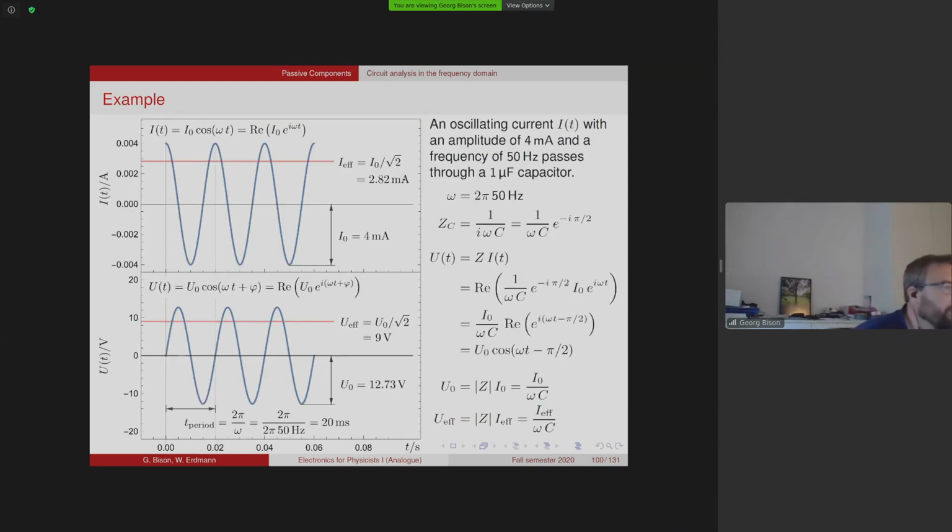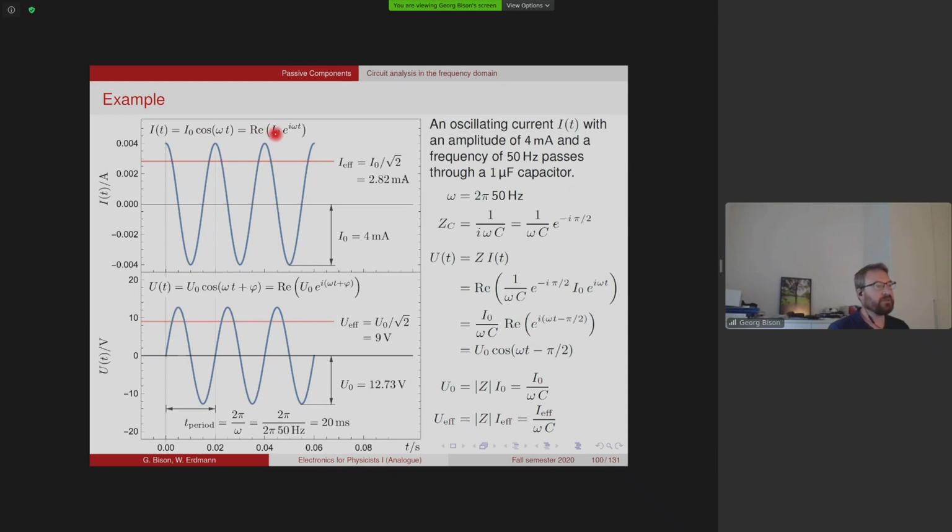Okay, let's come to an example. So this is the important thing where we identify the real current that we have in our world with the real part of an exponential oscillation that can be written like this. It should be clear that the exponential function e to the i omega t, if we take the real part of this, gives us a cosine.